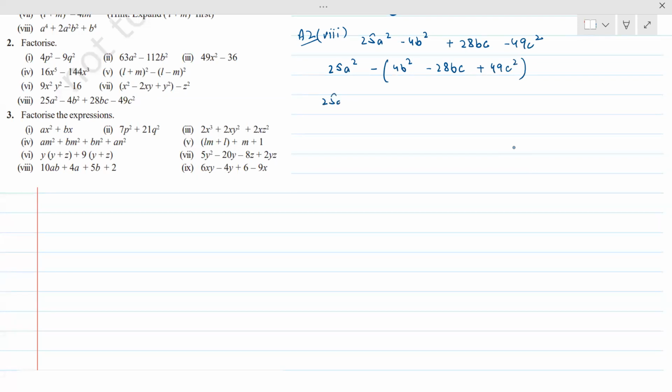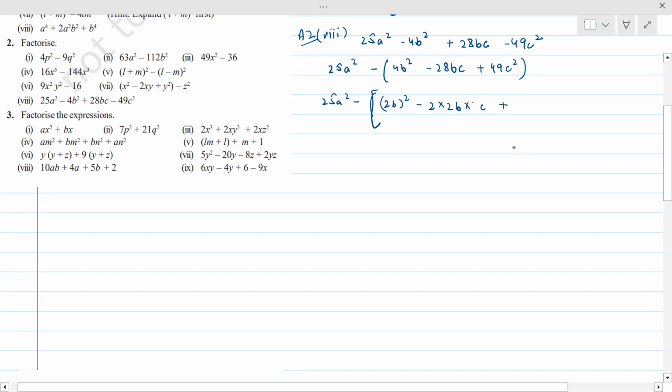Now it will be 25a square minus, I can write it as 2b whole square minus 2 into 2b into 7c plus, not 4c, sorry, 7c whole square.